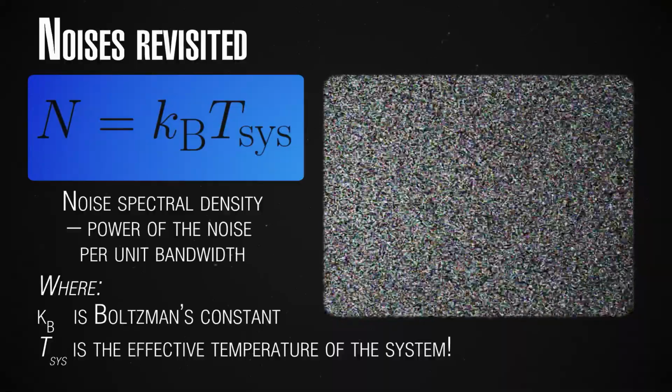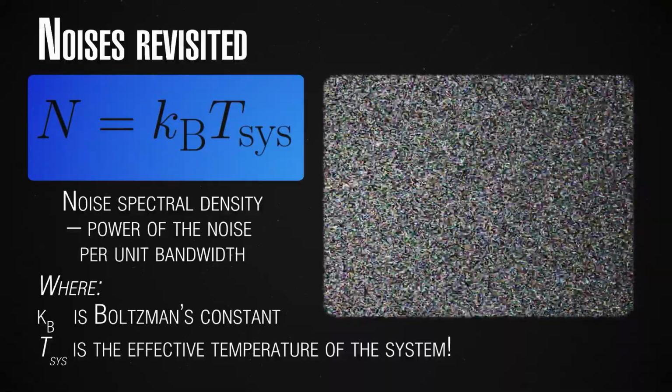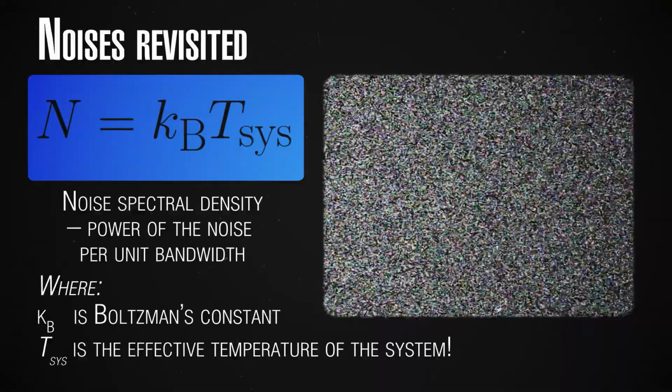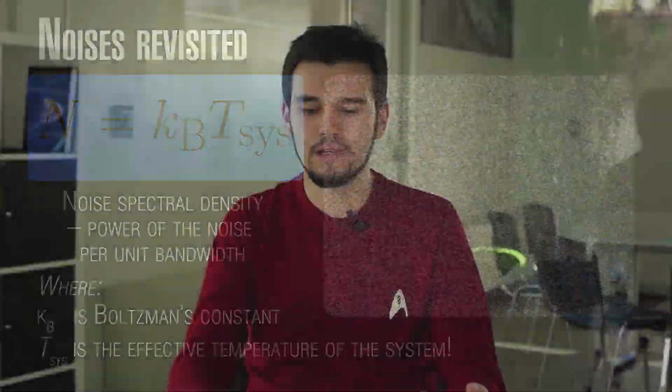So if our antenna is at room temperature, it may happen that its effective temperature is much higher. It may even be lower, depends. But the main idea is that this temperature is an effective thing which is not the physical temperature. It's a parameter of the whole system, and it includes all of the different noise types.